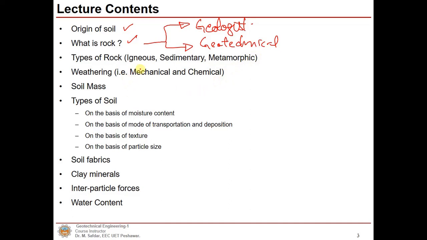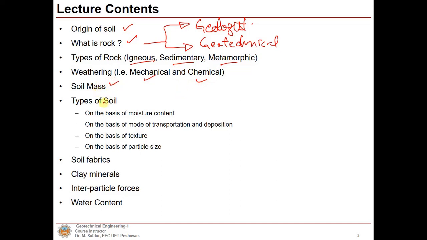Types of rock, for example, igneous, sedimentary, metamorphic. Types of weathering, whether the rock has been weathered or disintegrated mechanically or by chemical weathering.